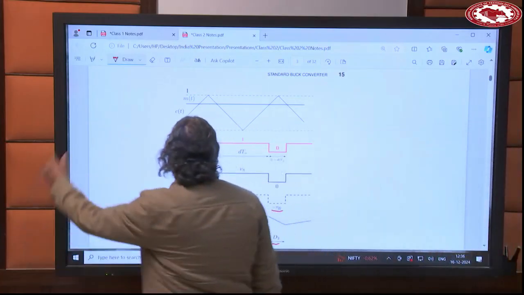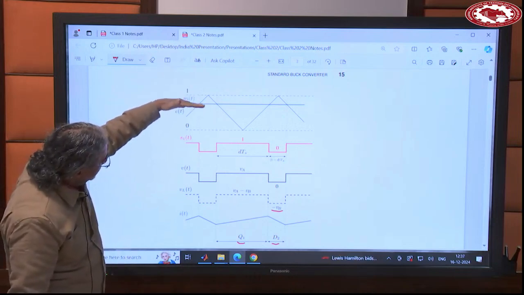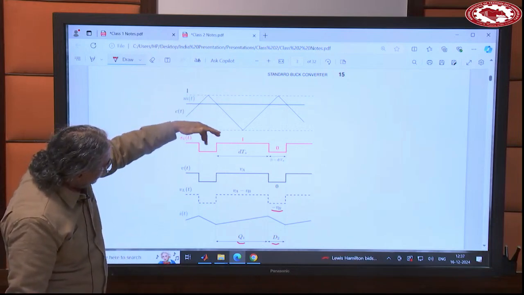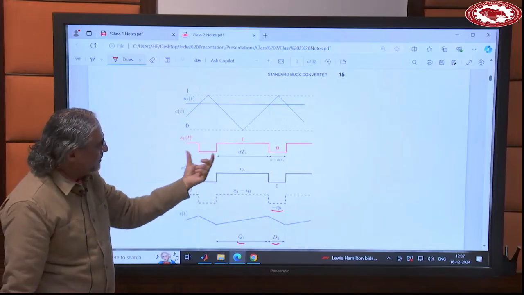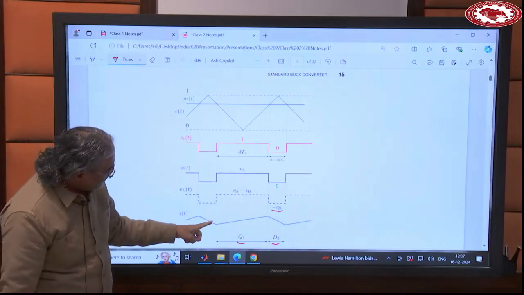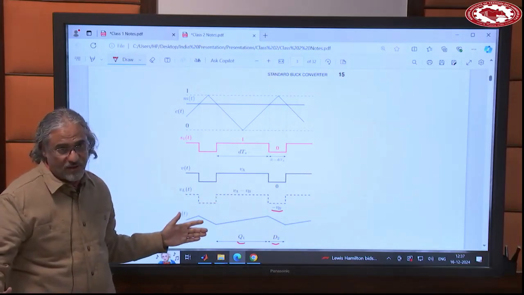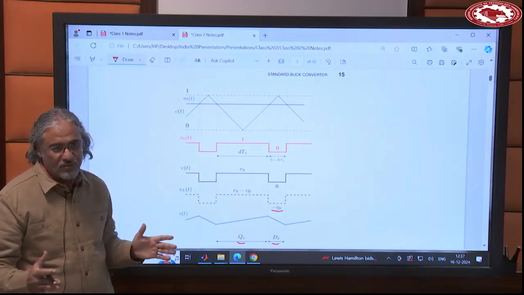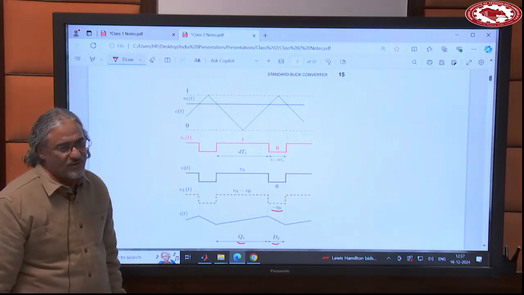Now, if you increase M, you increase the time that the switch is on, and you decrease the time that the switch is off. So the time that the current is rising becomes larger, and the time that the current is falling becomes smaller. So you increase the current that goes to the inductor.